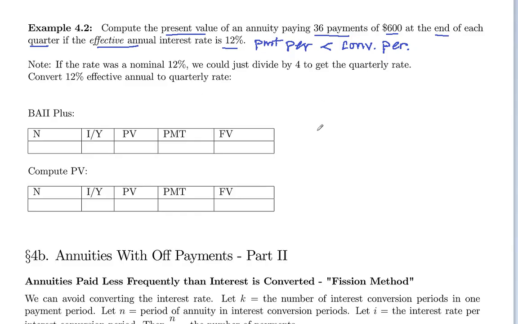Let's draw the time diagram here real quick. So we've got time 0. We've got these $600 payments at the end of each quarter.